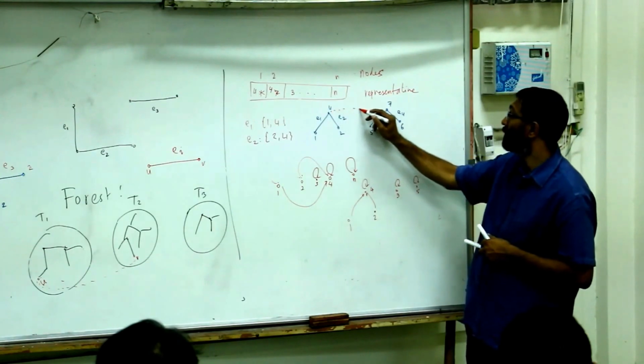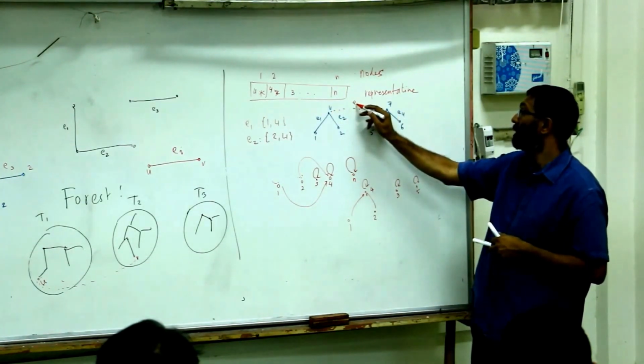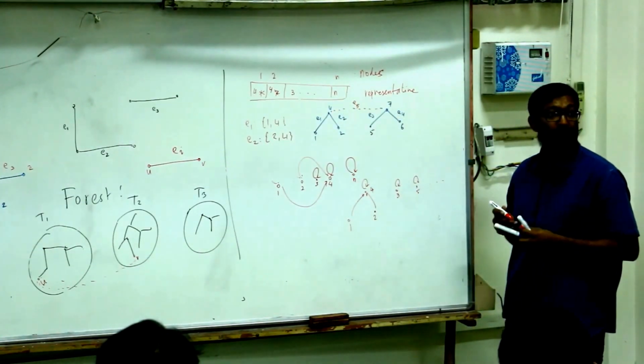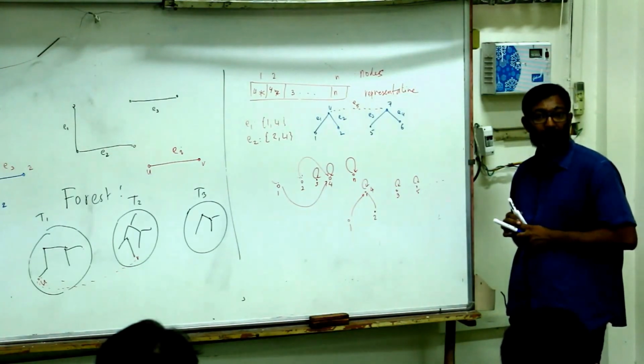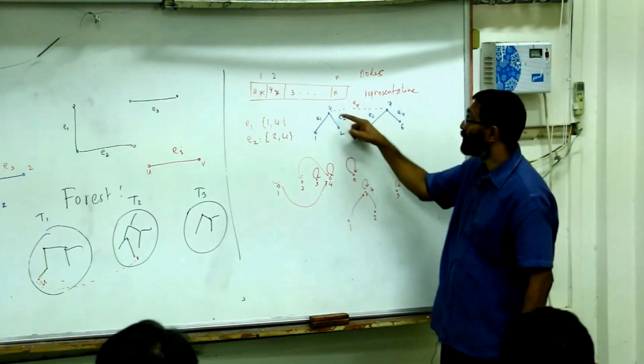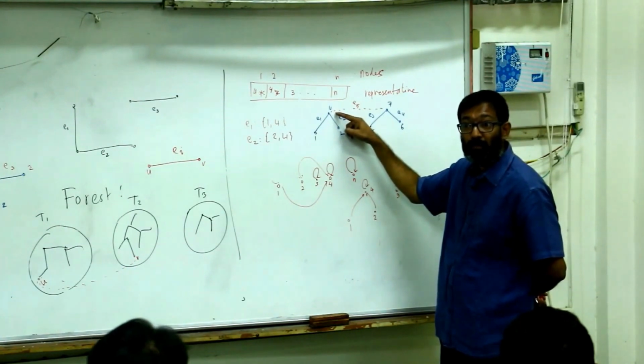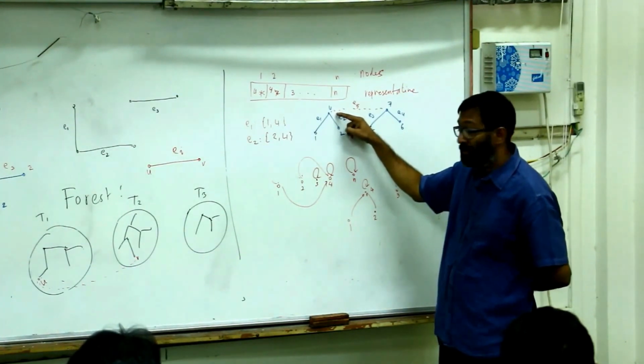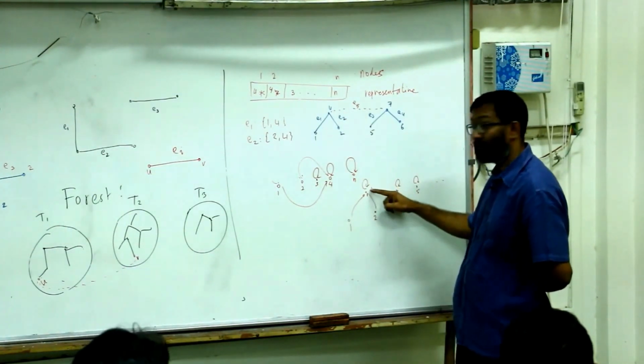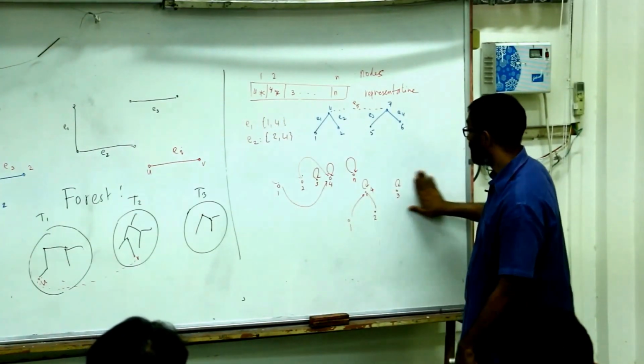Now E5 shows up between 4 and 7. What will you do? You would check which set does 4 belong to. 4 belongs to the set for which 4 itself is the representative, like so. Right?